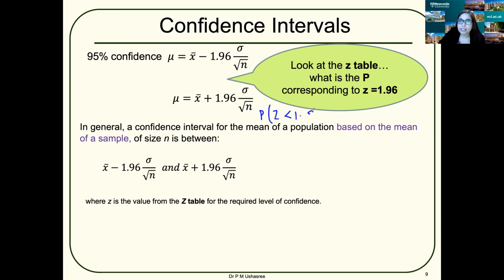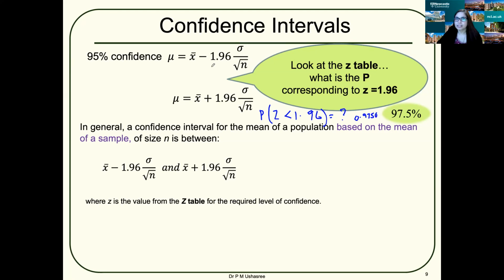I want you to find this value. Good, yes. It is 97.5%, or 0.9750, isn't it?